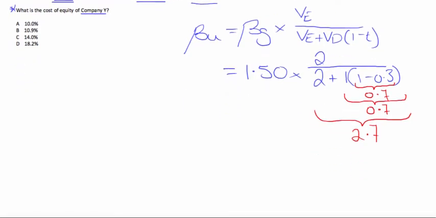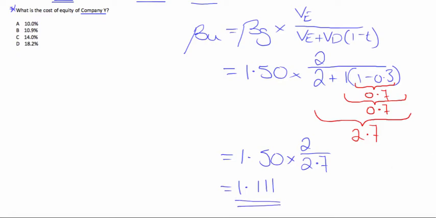We can then tidy this up a little bit and say 1.5 multiplied by 2 over 2.7 gives us 1.5 times 2 divided by 2.7 is 1.111.